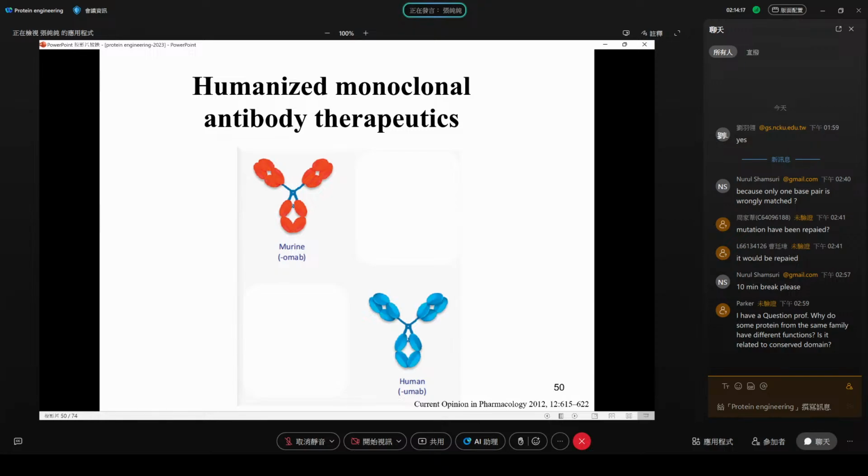That's not possible, right? You cannot just sacrifice me to get the blood, to get all the antibody to cure other people. But if you look at the antibody structure, only the variable region is important for recognition of the antigen. So is it possible we can generate a chimeric one?